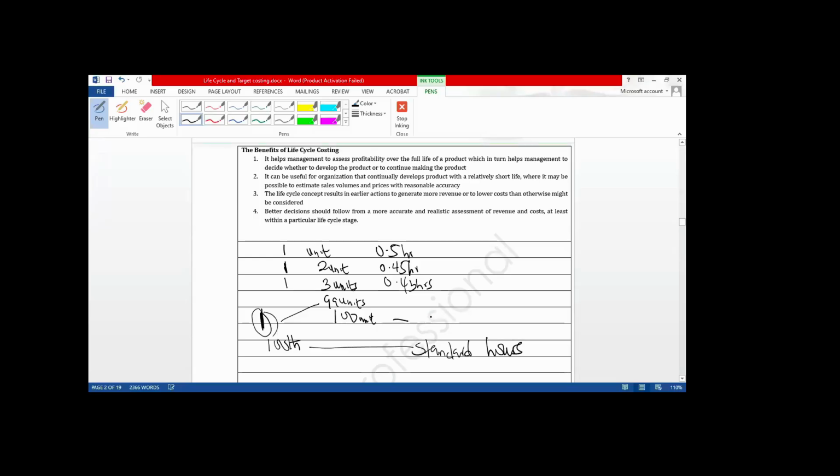That gave us 0.37 hours. This 0.37 is the standard hour for subsequent production. 101, 102, 103, up to 300,000, you have stabilized.